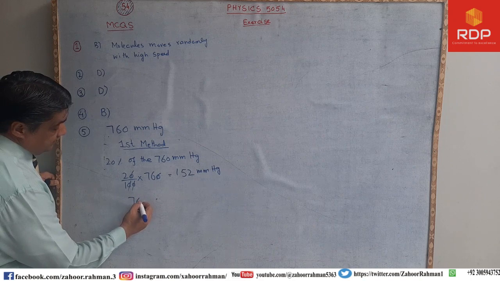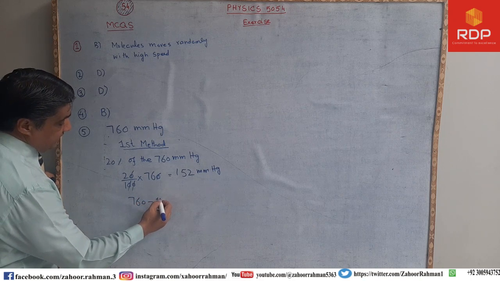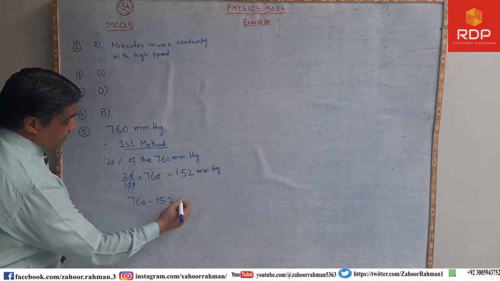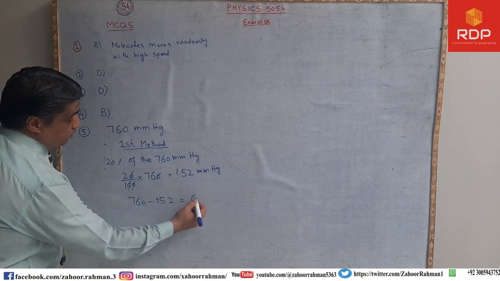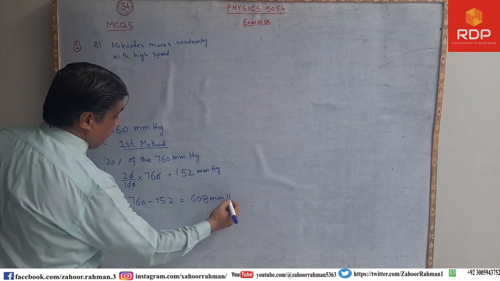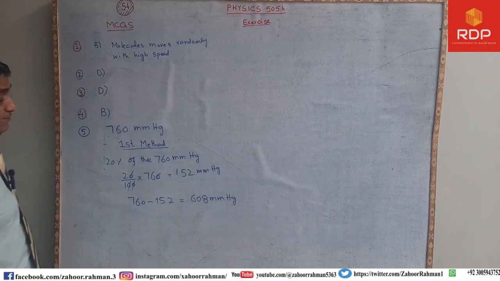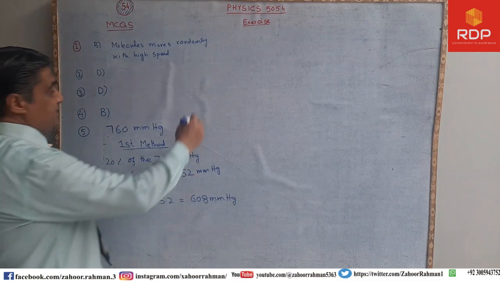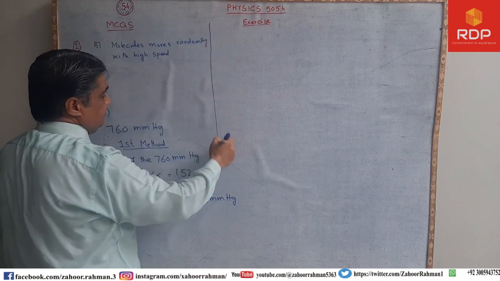So 760 minus 152 is equal to 608 mm of Hg. Ladies and gentlemen, that was the first method.